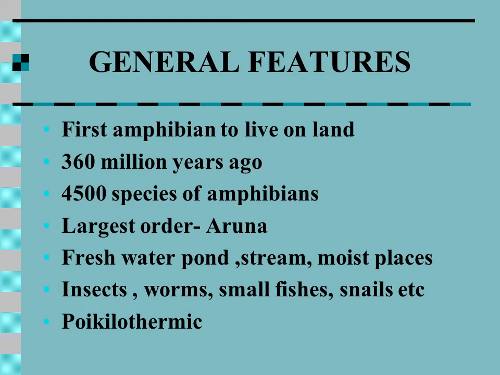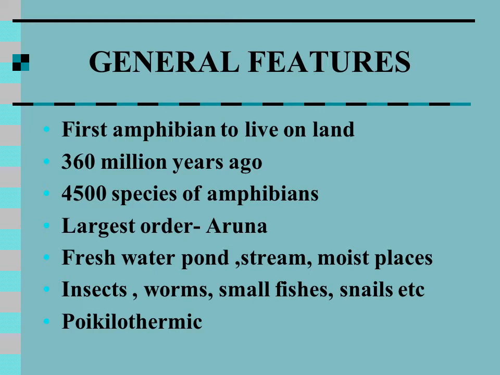In the class Amphibia, there are 4,500 species available. These amphibians consist of some orders. Among these, the largest order is Anura.